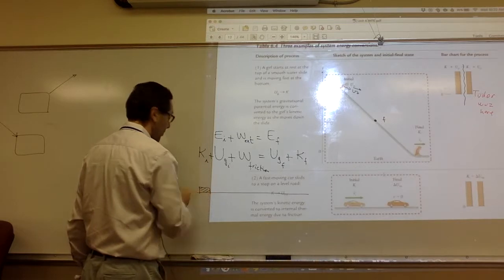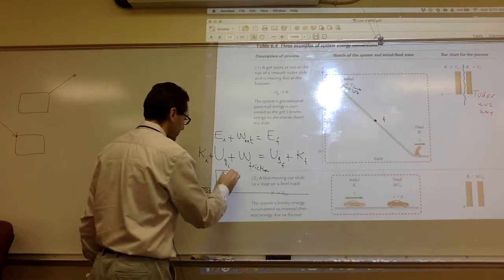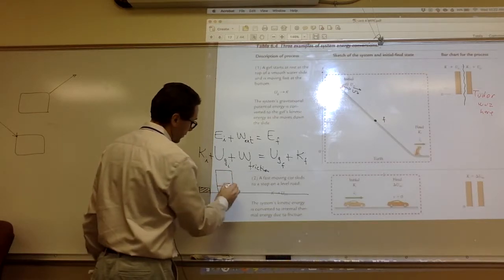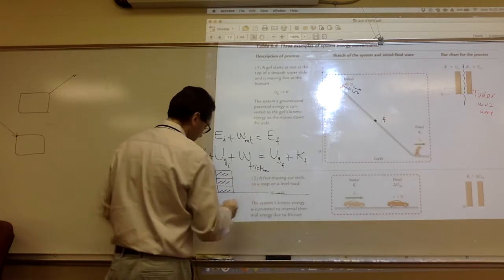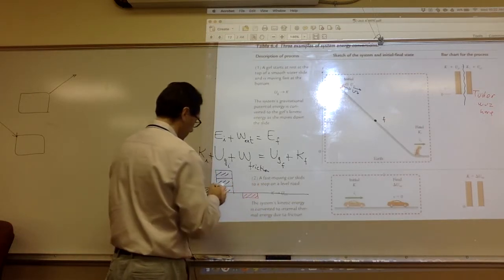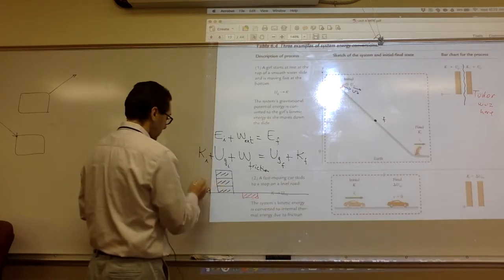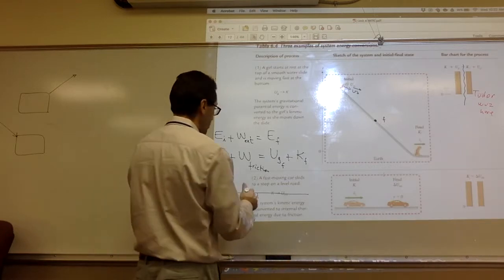So I'll just make that 1 bar, right? I'll make this 3 bars. And this is not drawn to scale, by the way. There's some friction, so maybe I'll put like a bar here. Or I can make these 2 bars. It doesn't really matter, right? Give it a big push.